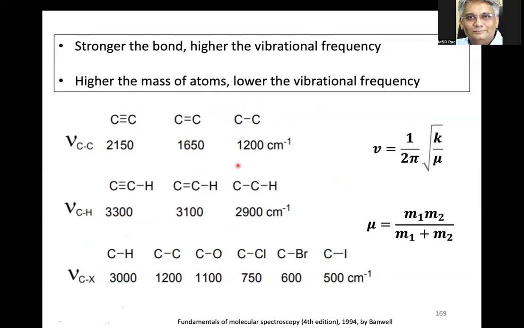And this we know why these changes are happening when we move from the single bond to double to triple bonds. These are various examples that show how the vibrational frequencies are for these different types of molecular bonds.